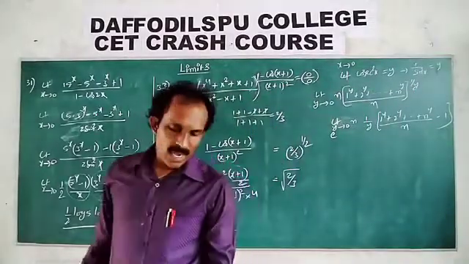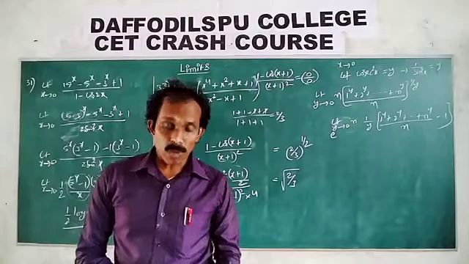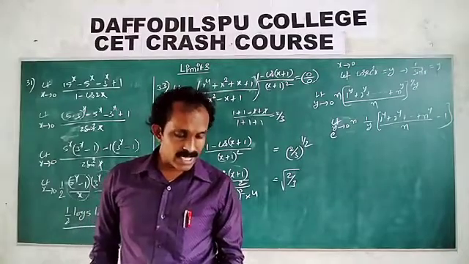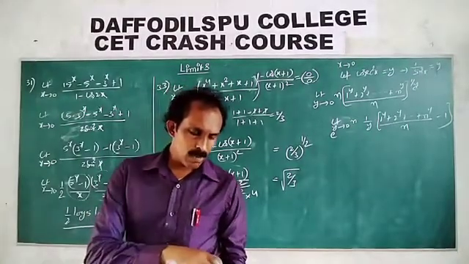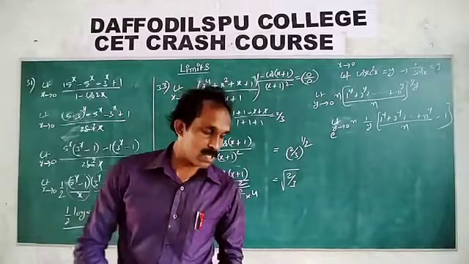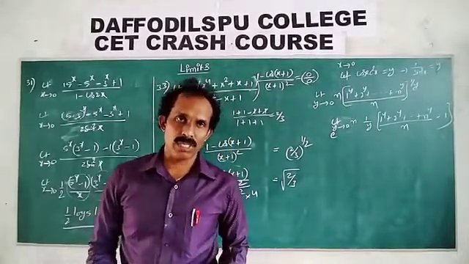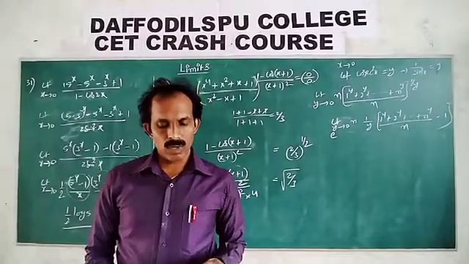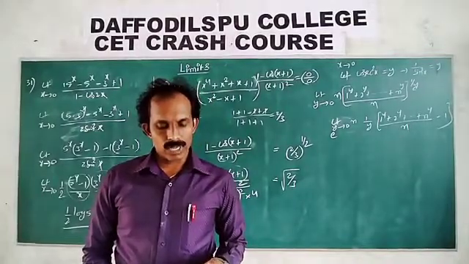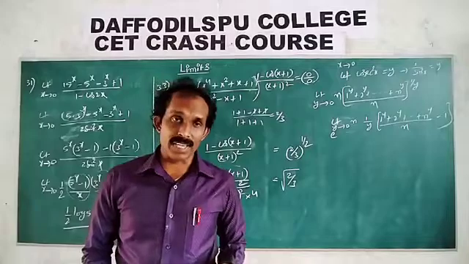35th problem. A, B, C and D are positive, then limit x tends to infinity. Suppose x tends to infinity, substitute directly first of all. What happened? 1 plus 1 by infinity.